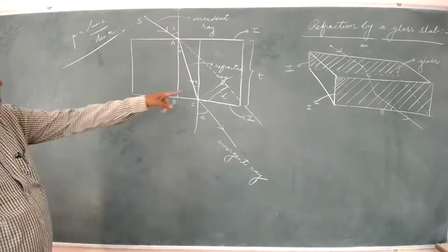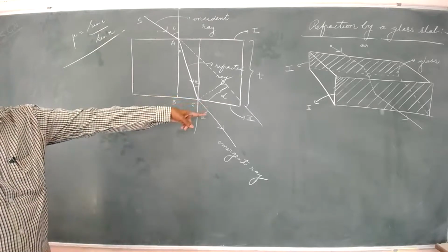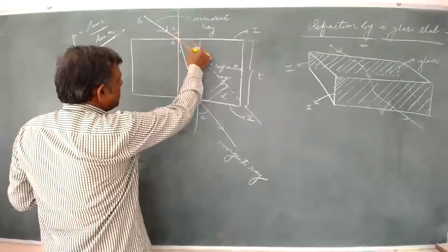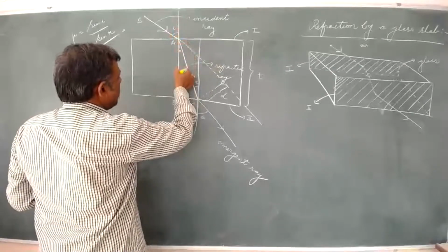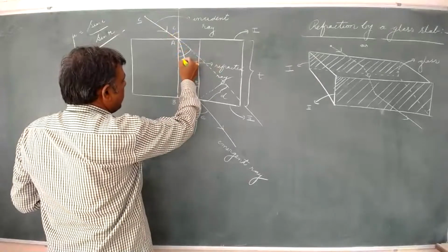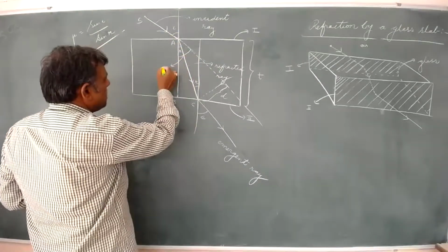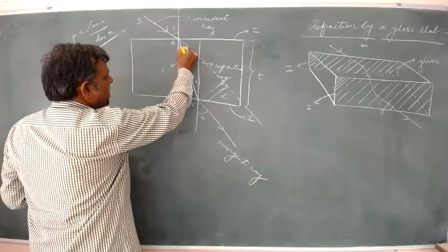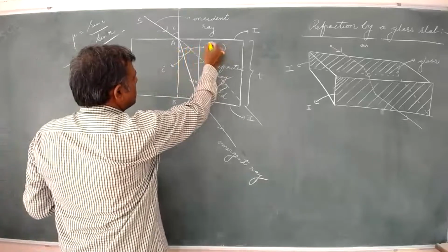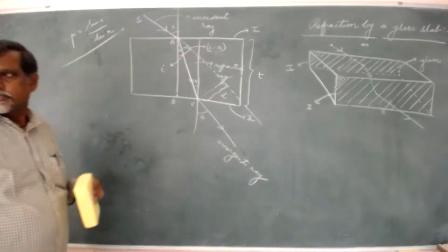But for lateral deviation, what is the formula? Look at this. Here this is a straight line. When this is I, this complete angle is I, and this also becomes I. Can I get it? Yes. Then this becomes I minus R. Understood?